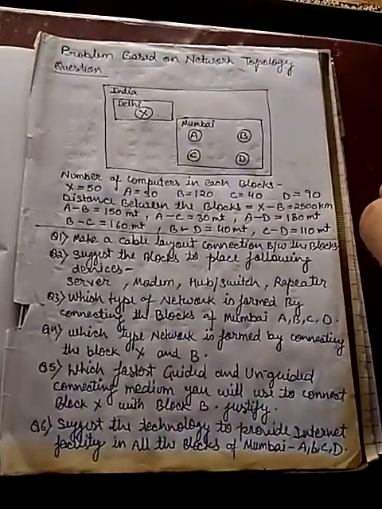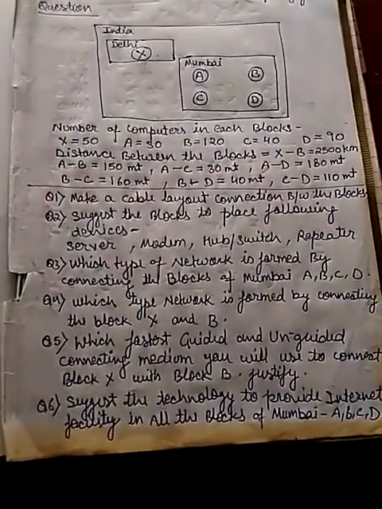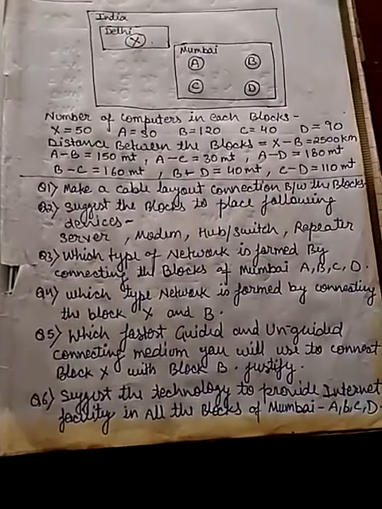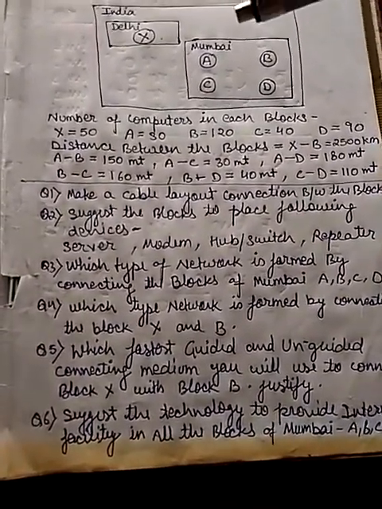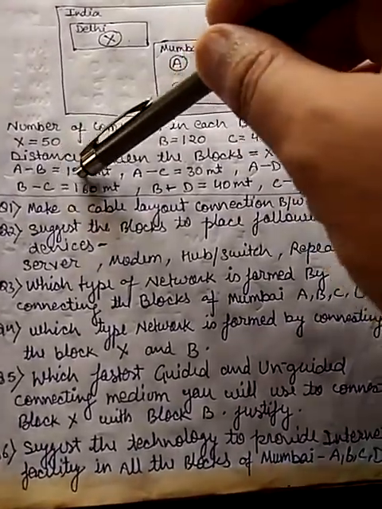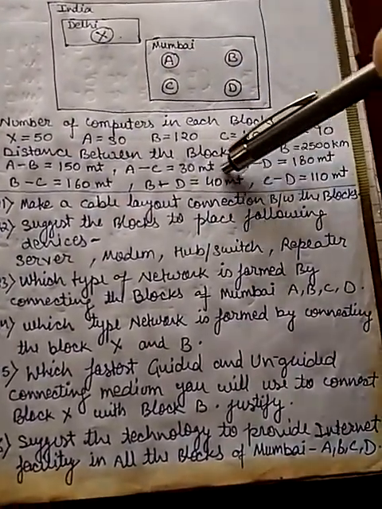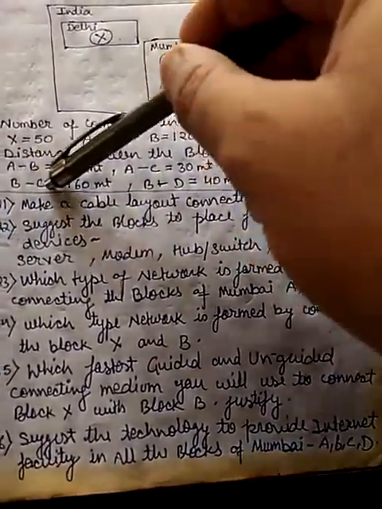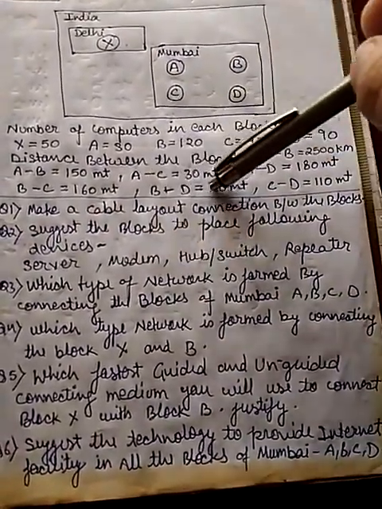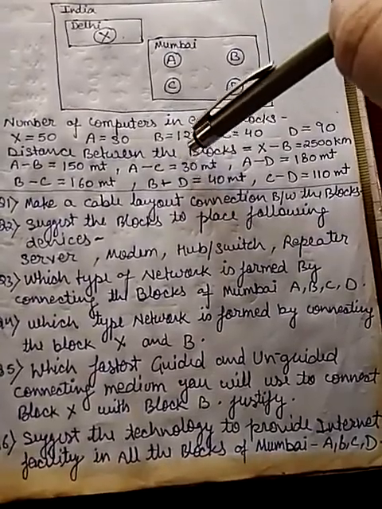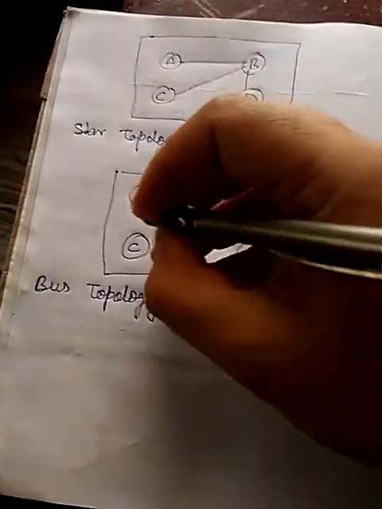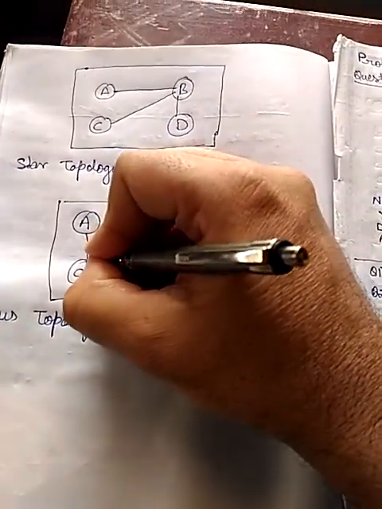In bus topology, all the nodes are connected through a single wire by using the minimum distance, the shortest distance. So how can we make this? First you identify which is the shortest distance in between these blocks. So from here we can find out A to C is having 30 meter. So we are connecting this A to C.